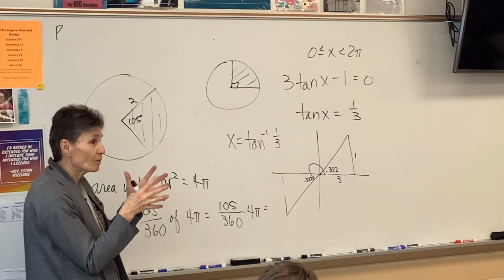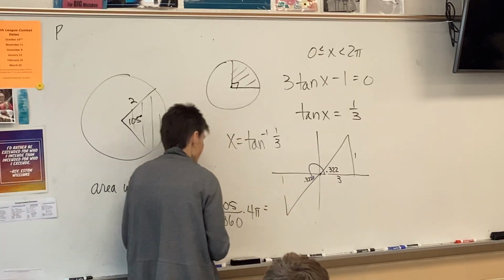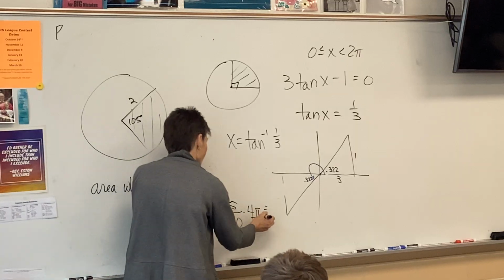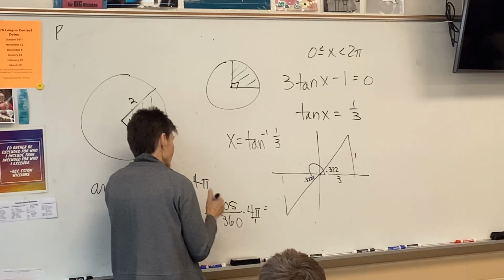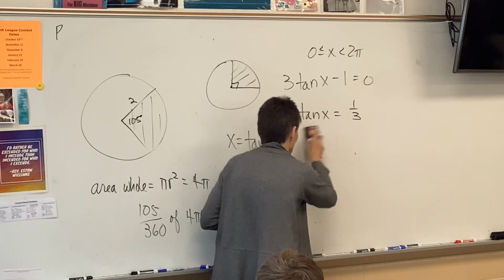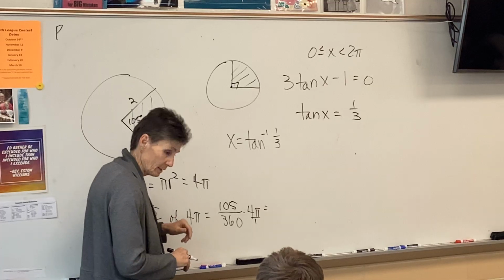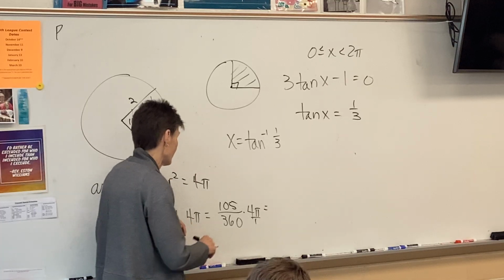I know the whole thing is 4 pi, so I want that fraction. So how you do, I mean, this is horrible one, so I don't know. I know things reduce. So this is no calculator.